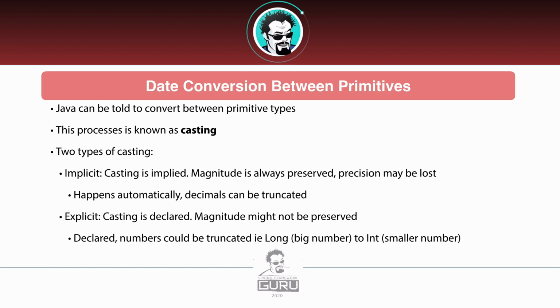The magnitude might not be preserved. So think about if you're going from a larger number into a smaller container, you're not going to get the larger value stuffed into there. So just how the application is going to work. So you go from a long that is taking 64 bits into an integer that takes 32 bits, you're going to wind up with the maximum value of 32 bits.